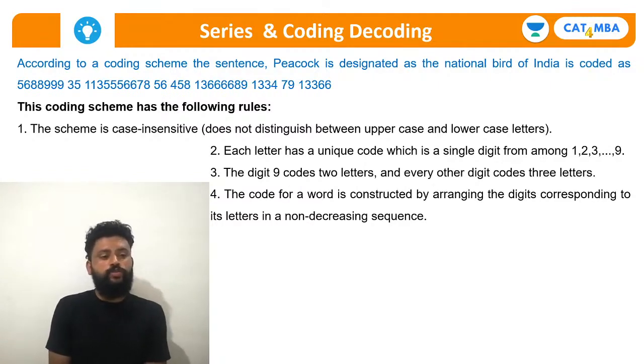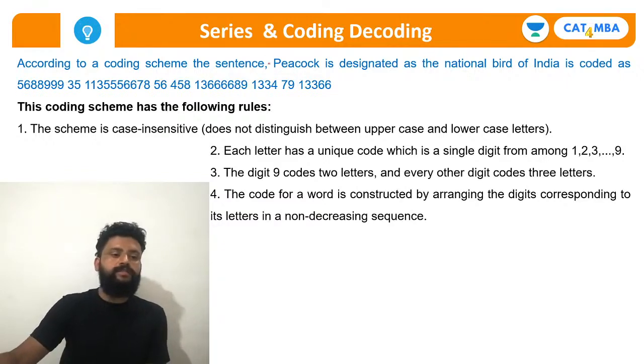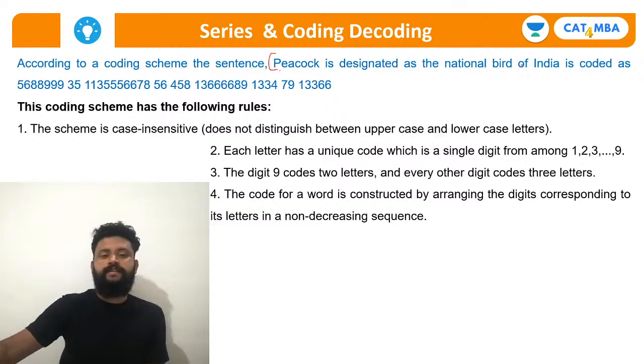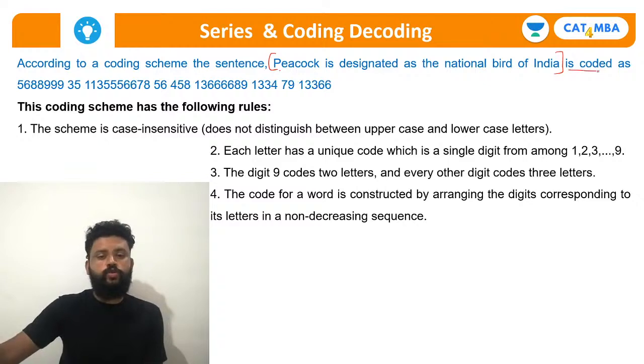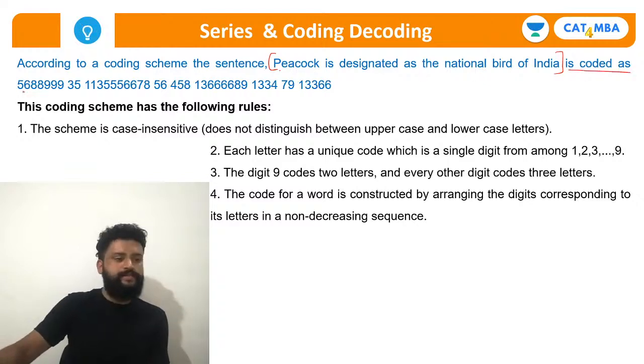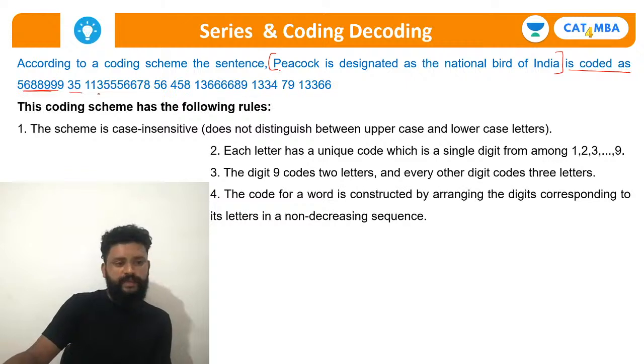So according to a coding scheme, this is the sentence given: peacock is designated as the national bird of India. This is coded as this. This might be the code for peacock, designated as the national bird of India.